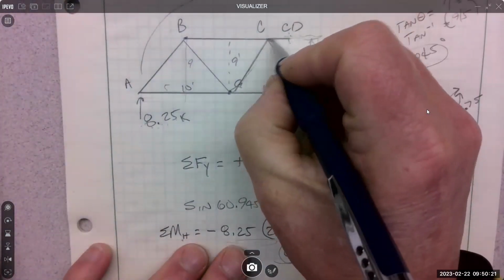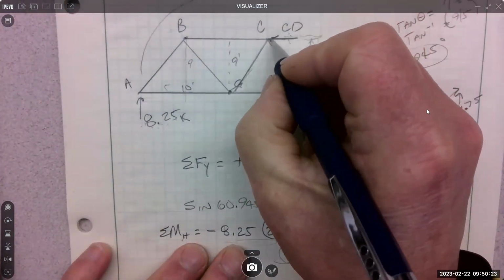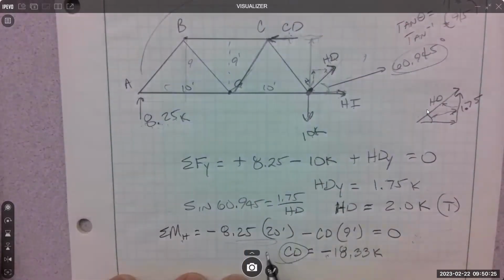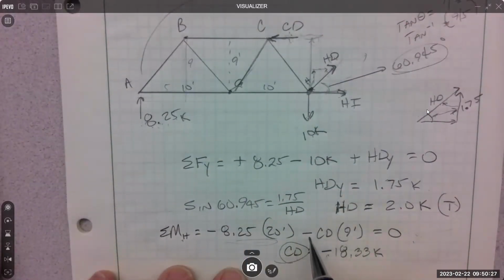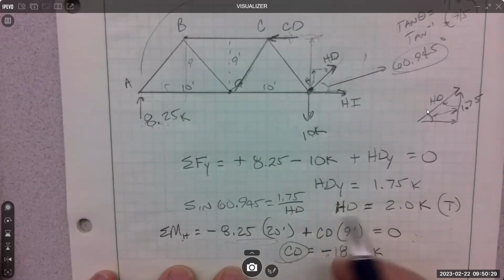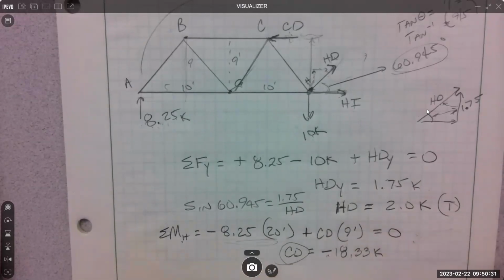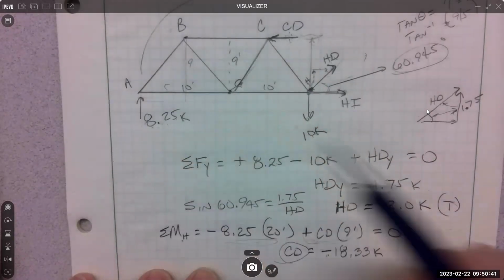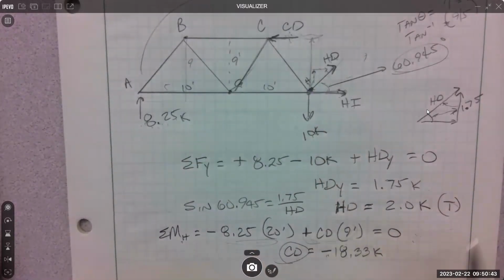CD goes this way. The math is telling us that. So then I go back in here and I can find CD and change its sign, because the rotation changes here. It's going to now rotate positive, and that changes the sign here.